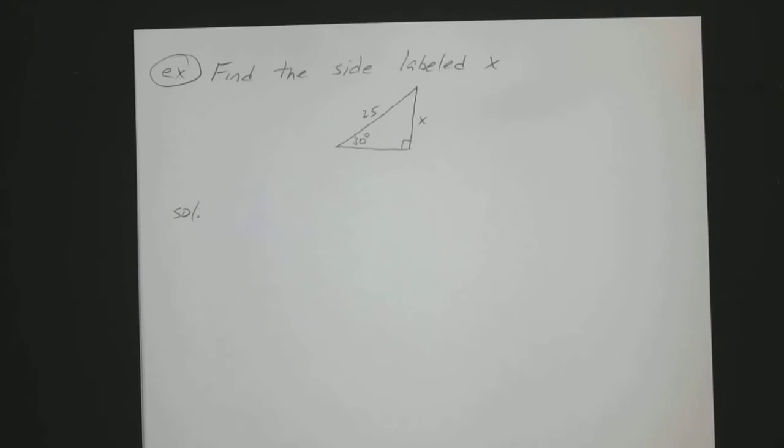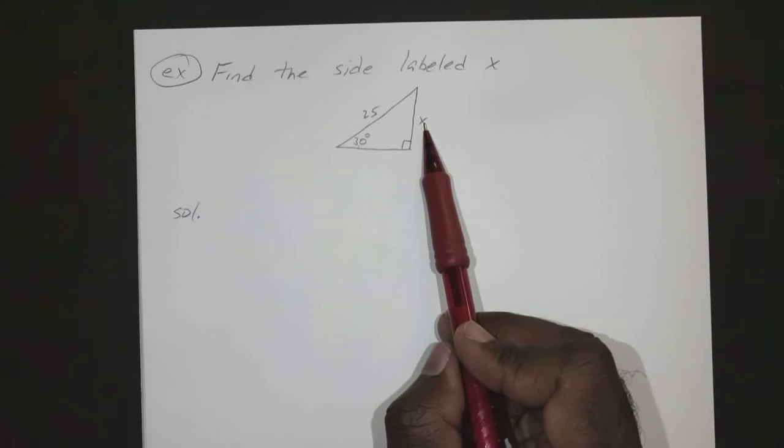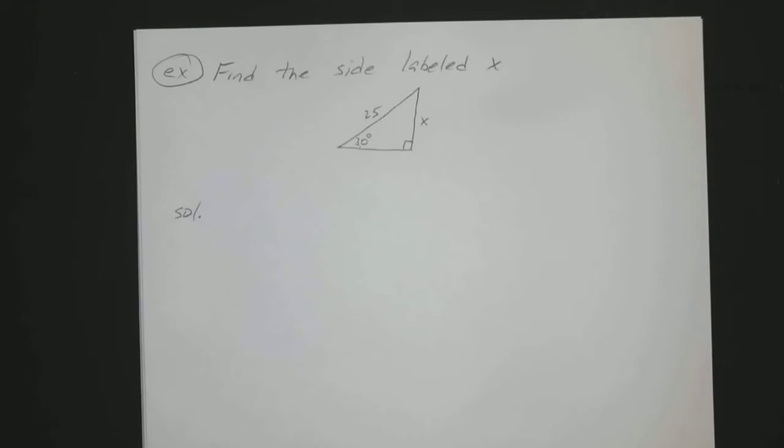So for this one, they gave us our angle, our theta. We have to find our opposite, and we know our hypotenuse.